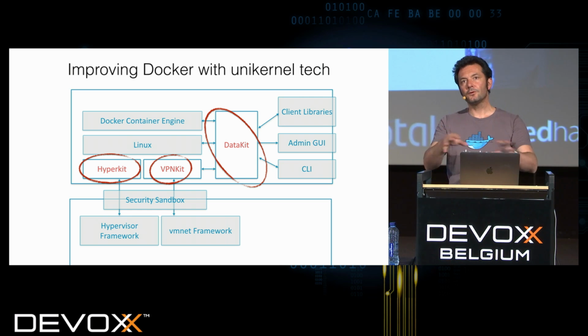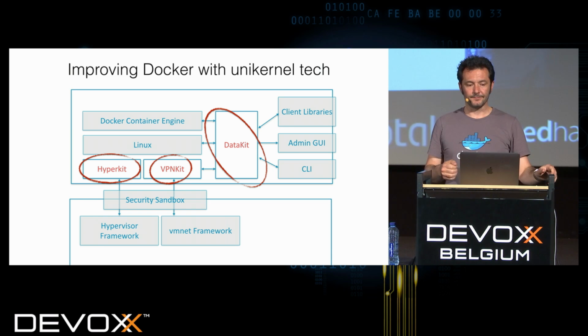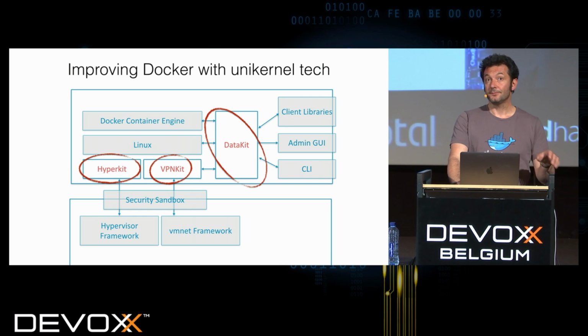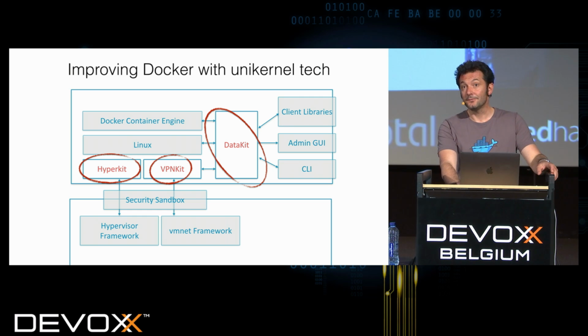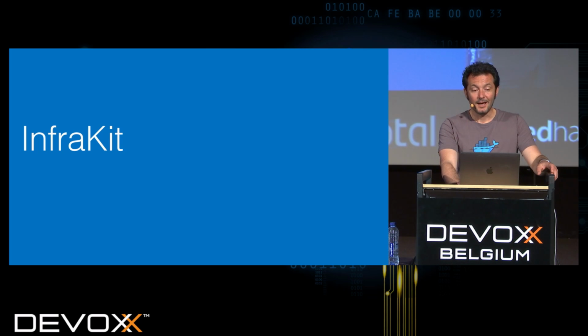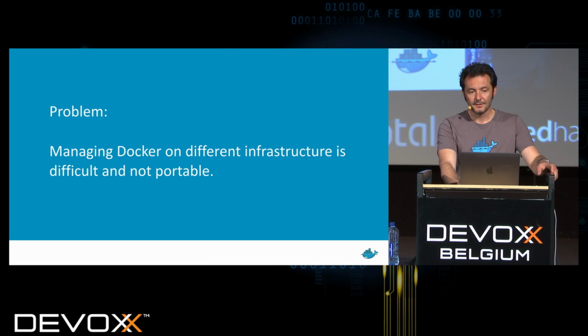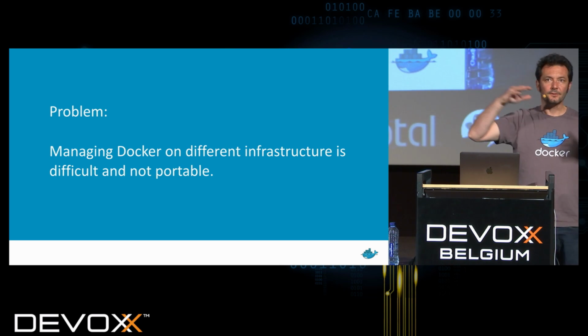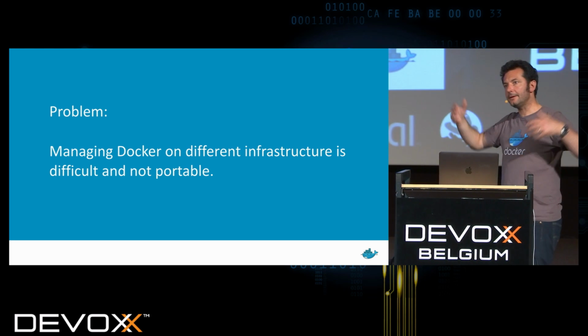And basically all the components within Docker for Mac are using DataKit to coordinate their actions together. So that's an interesting project in itself to take a look at if you're looking for a cool distributed systems project. And the latest that we released is called InfraKit. The goal of InfraKit, as I showed you, we have Docker for Mac and then Docker for AWS.